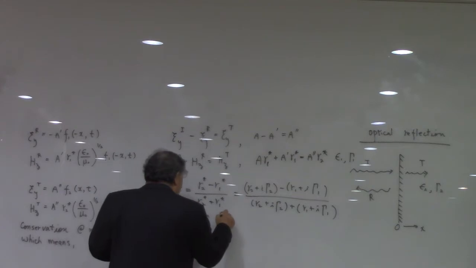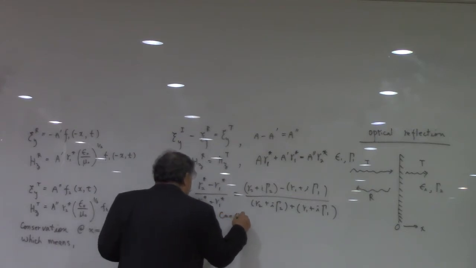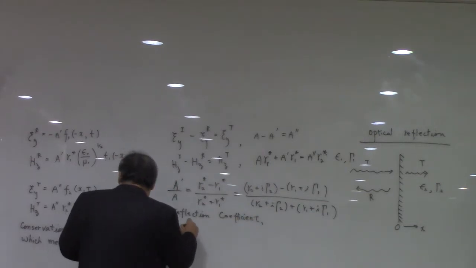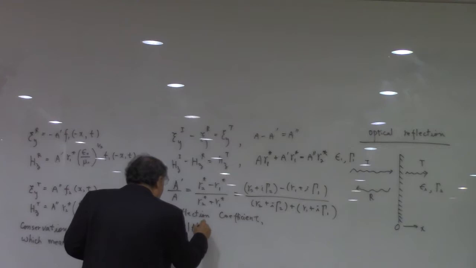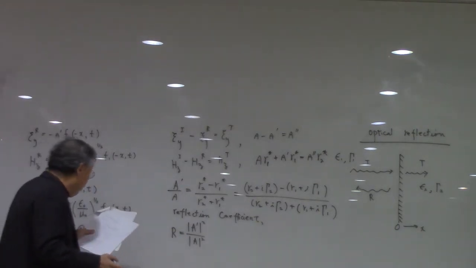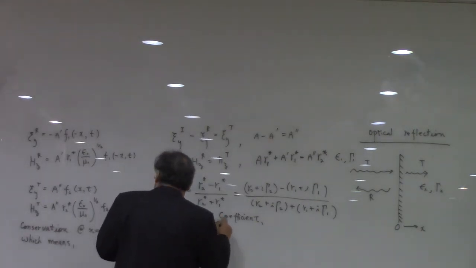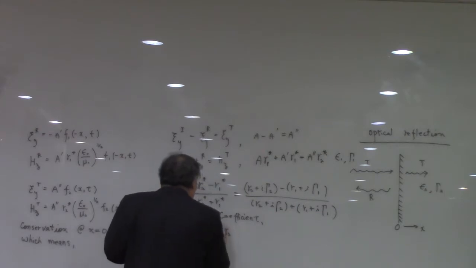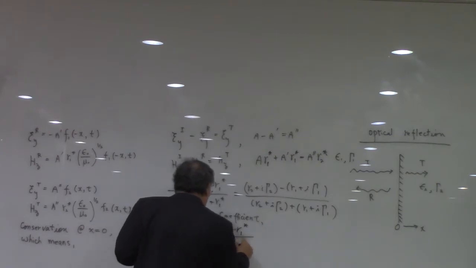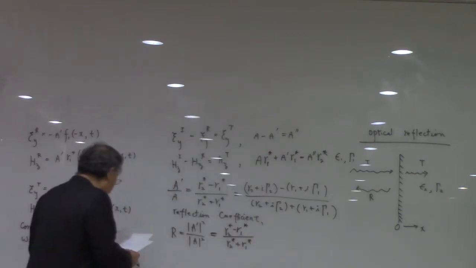And reflection coefficient. By definition, that is going to be the absolute value ratio of incident and reflected electromagnetic wave, and that is going to be R2 star minus R1 star over R2 star plus R1 star, right?